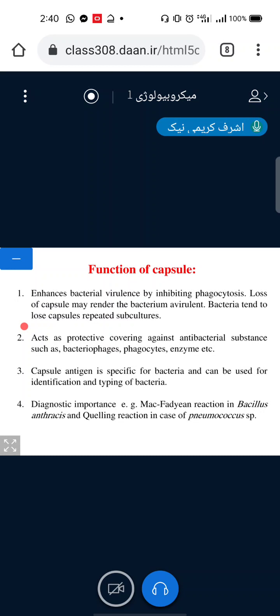Sometimes it is used for serotyping of bacteria, in the taxonomy and classification of bacteria. Because of the difference in antigenic characteristics in the capsule of some bacteria, we can use the difference in capsule antigen as a serotyping method.